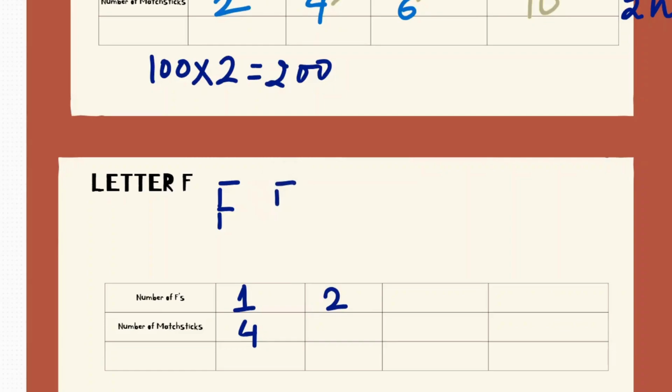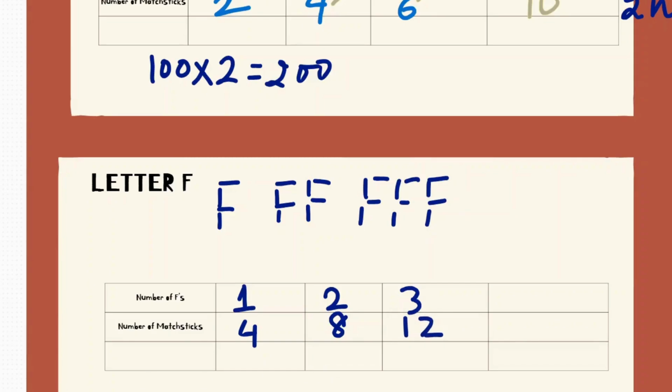So it is 1, 2, 3, 4, 5, 6, 7, 8. Can you guess now for three letter F's how many matchsticks we will require? So it will be 1, 2, 3, 4, 5, 6, 7, 8, 9, 10, 11 and 12.